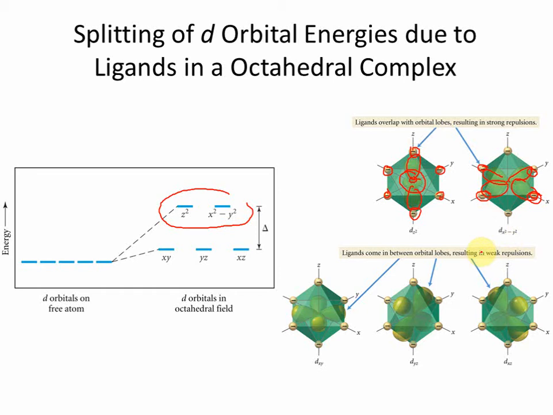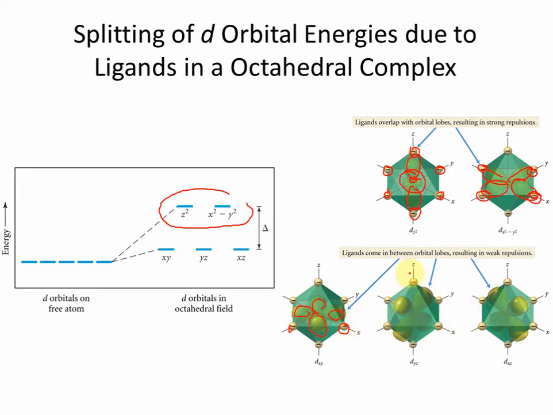So you have the ligands here, and then you have the orbital lobe that comes in between them. So it just misses all of these. And so these are actually stabilized in energy. And these all just look the same. They're just rotated in kind of different positions. They're on the different parts of the x, y, and z axis.